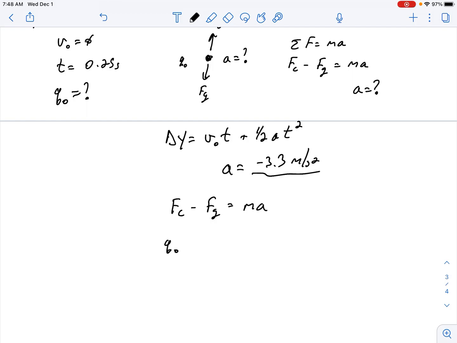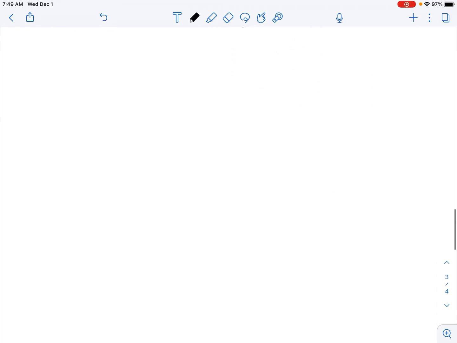So Q naught E minus mg equals ma. Solve for Q naught. And when we do that, we get negative 3.22 times 10 to the minus 19 coulombs. Cool. So that was example 15.4.